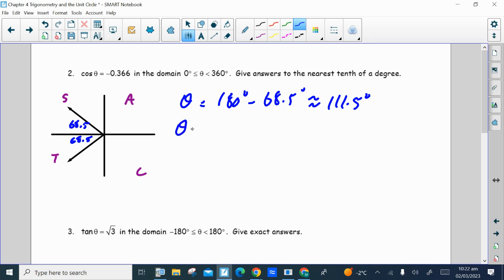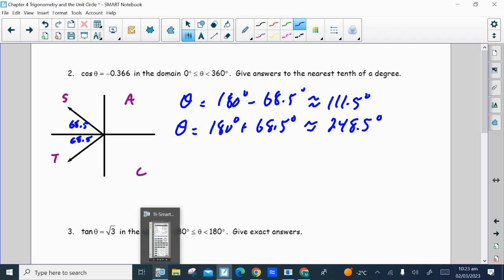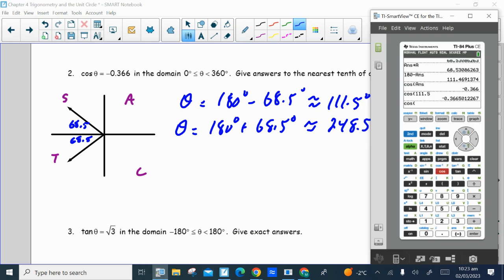Then for the angle in quadrant 3, that's 68.5 plus 180, because you're going past 180 by 68.5 degrees. So that would be approximately 248.5 degrees. But again, if you took the cosine of 248.5, you won't get exactly negative 0.366.